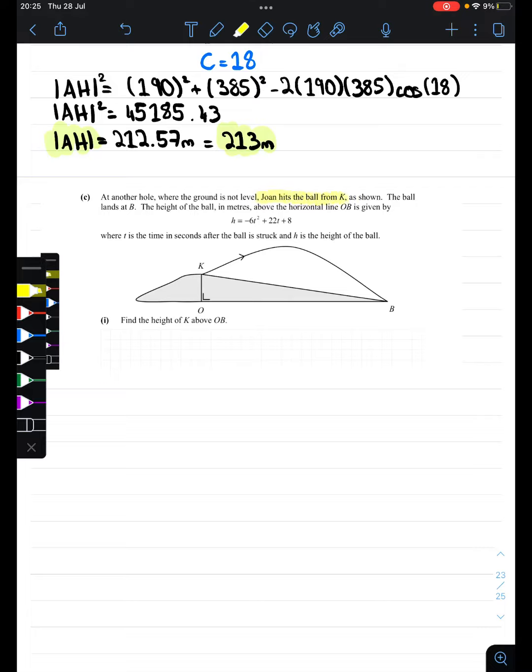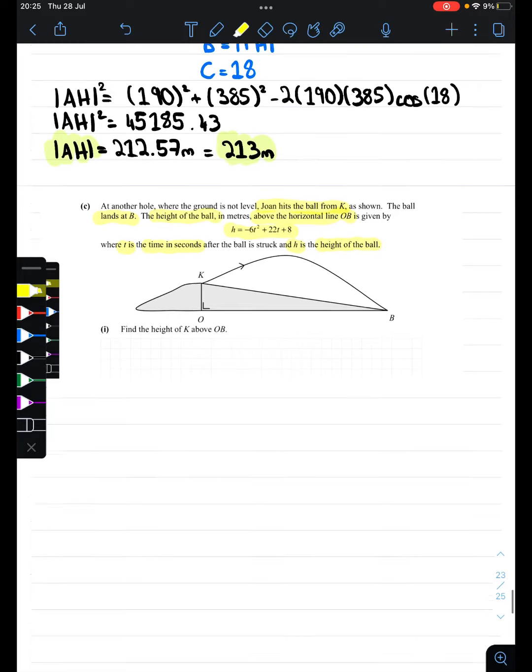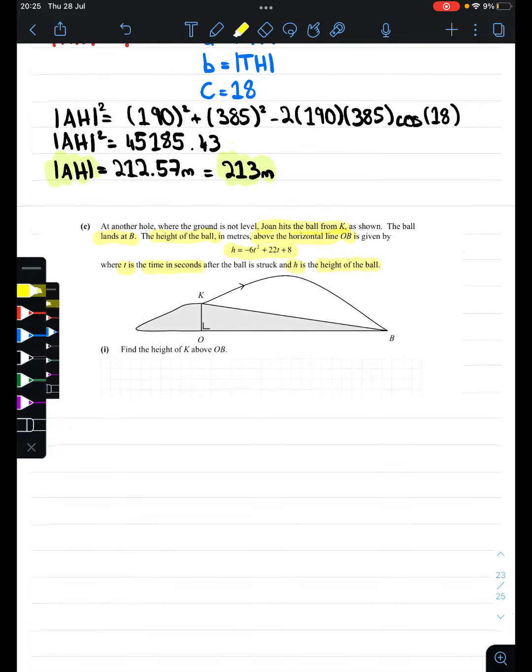Joan hits the ball from K and the ball lands at B. The height of the ball above the horizontal line is given by h equals minus 6t squared plus 22t plus 8, where t is the time in seconds after the ball is struck and h is the height of the ball. Okay, so we want to find the height of K above OB.